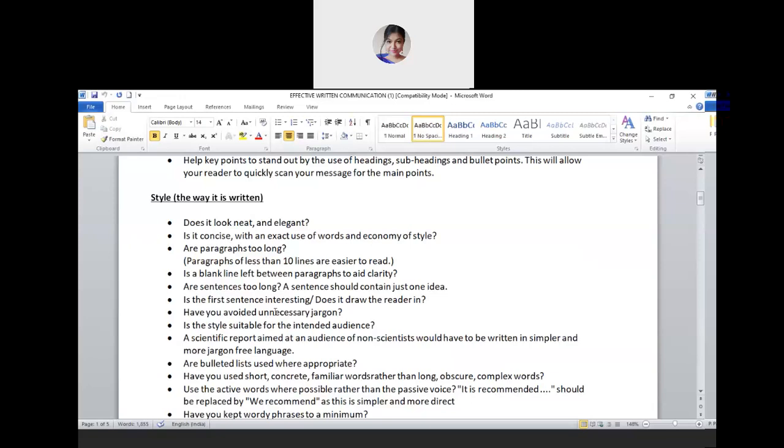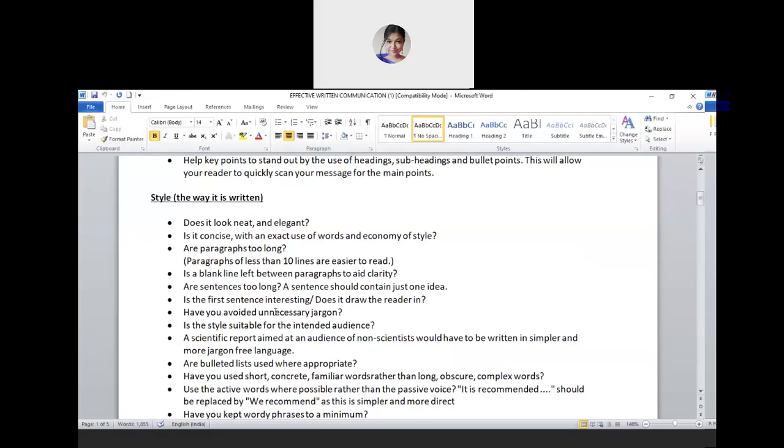You're also supposed to understand the type of the reader to whom you are writing, and accordingly you have to write it down.